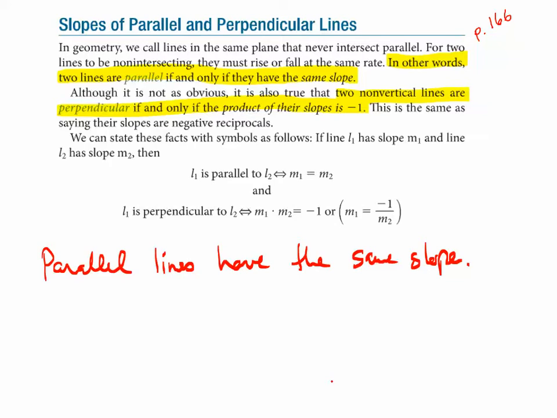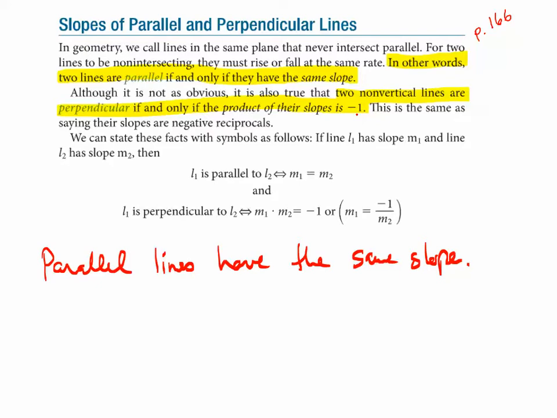All right, and then for perpendicular lines, they have the proper calculus definition for it. I don't like this definition here because we don't know how to get to it. It says this: if you have two perpendicular lines, if you take their slopes and multiply them, you will get an answer of -1. The problem this way is that for algebra, we're going to have one line and we're going to try to get the slope of the other line.